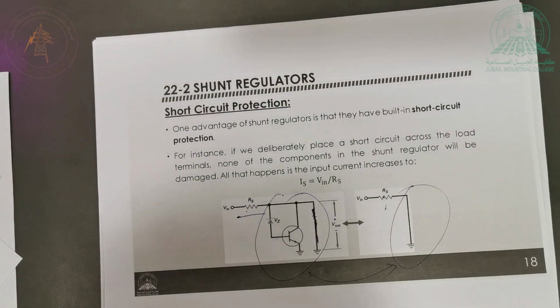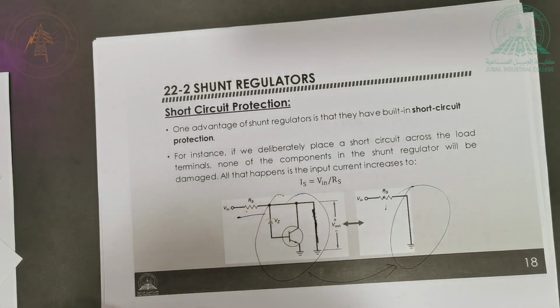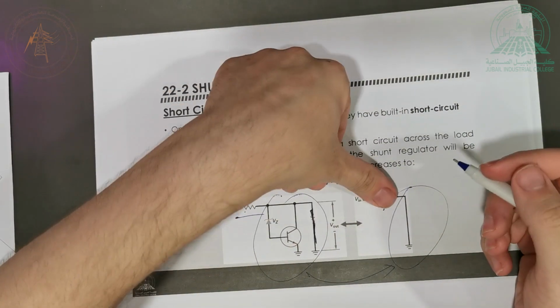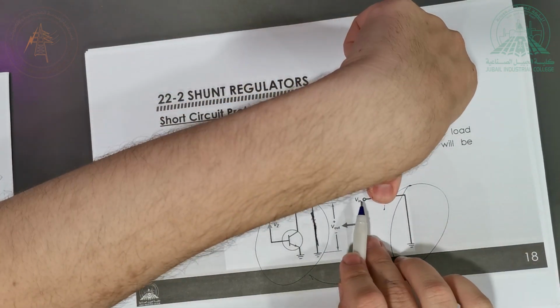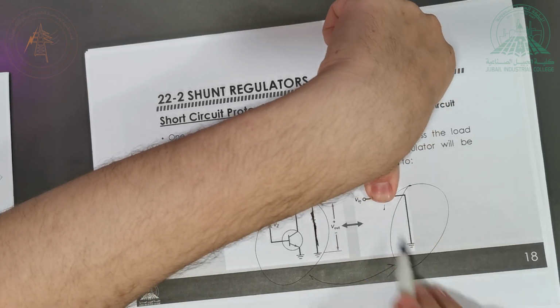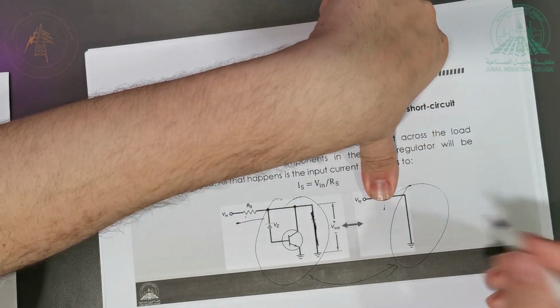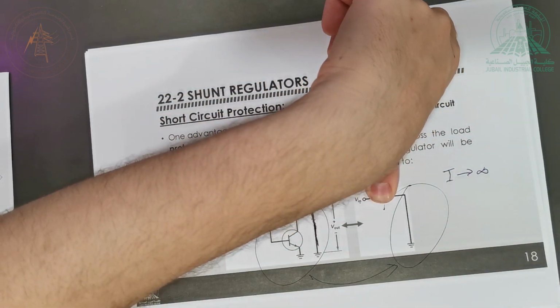So in the worst case scenario, if you have a short circuit that happens here, this RS will protect you, and the current in the circuit is not going to be infinity. If I don't have RS here, and I have the input connected to a short circuit, in this case the current will be extremely high.